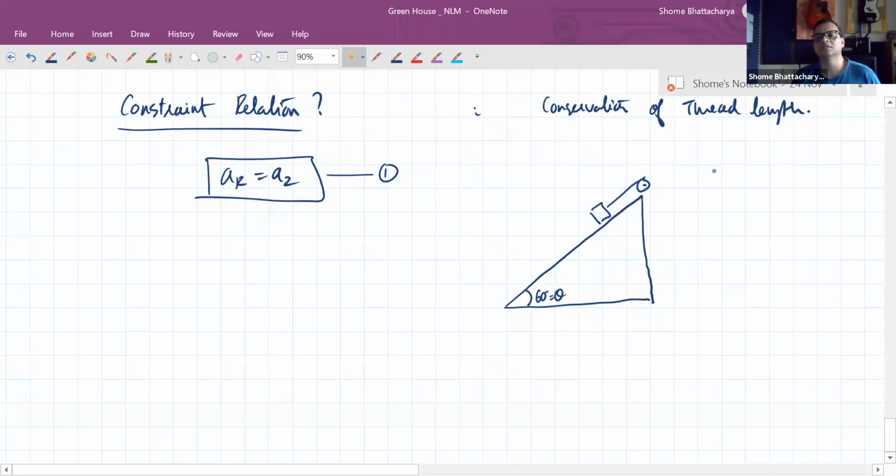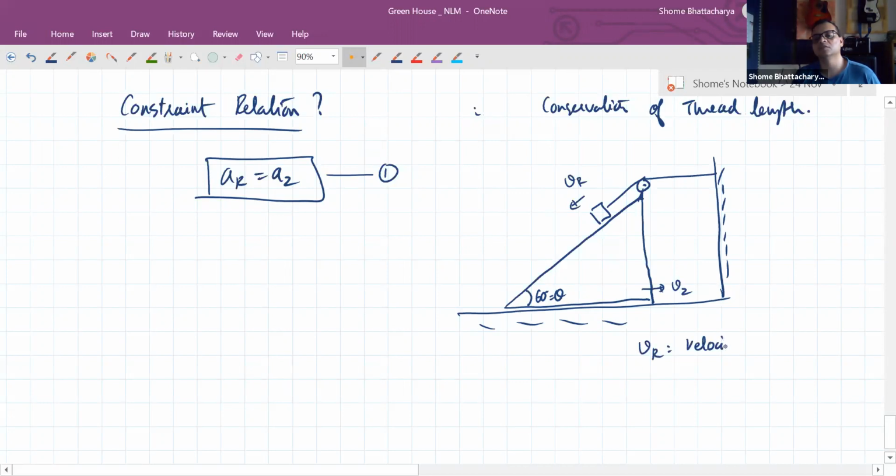Your system is like this. Now this block has an instantaneous velocity Vr, let's say, and the wedge has an instantaneous velocity V2. So Vr is the velocity of the block relative to the wedge.